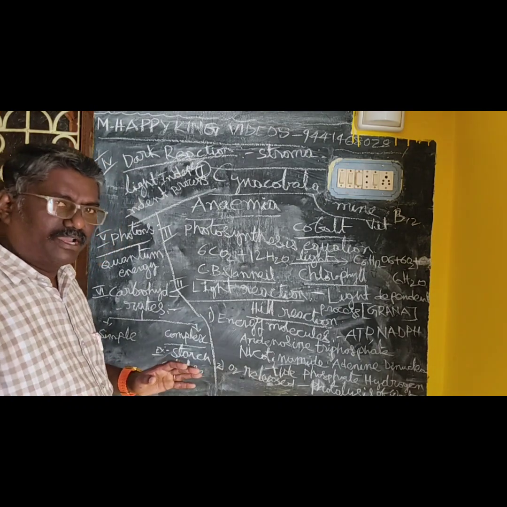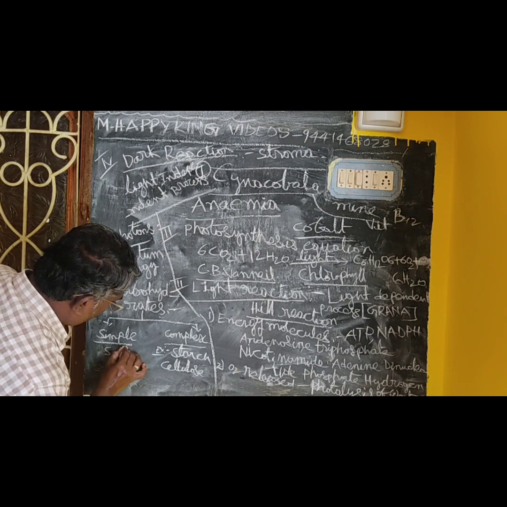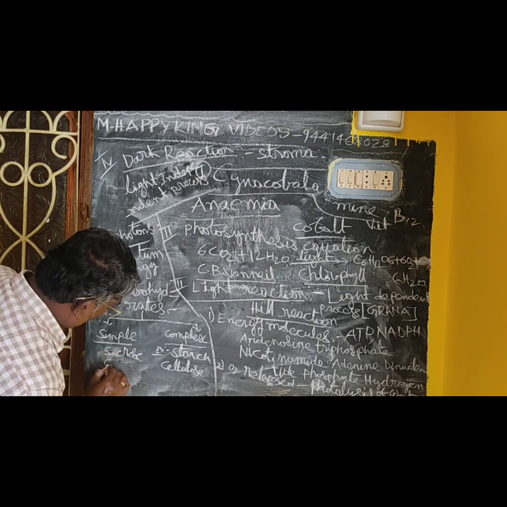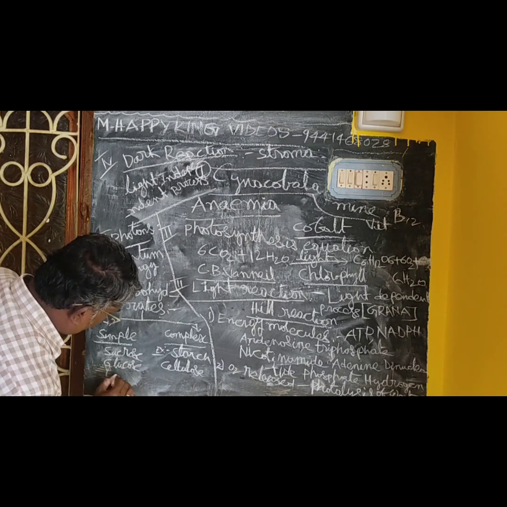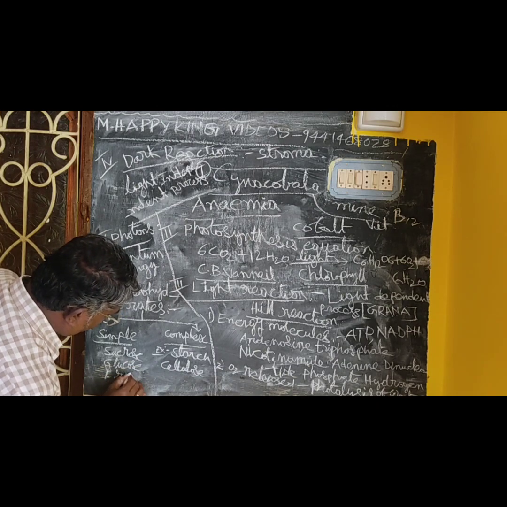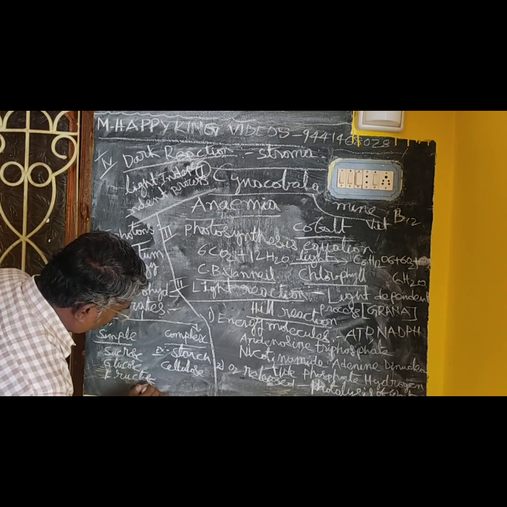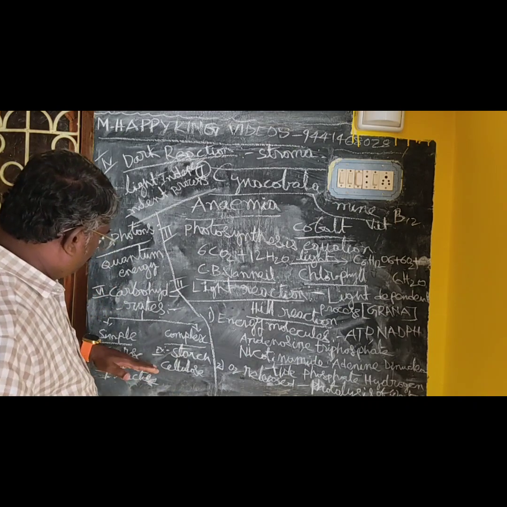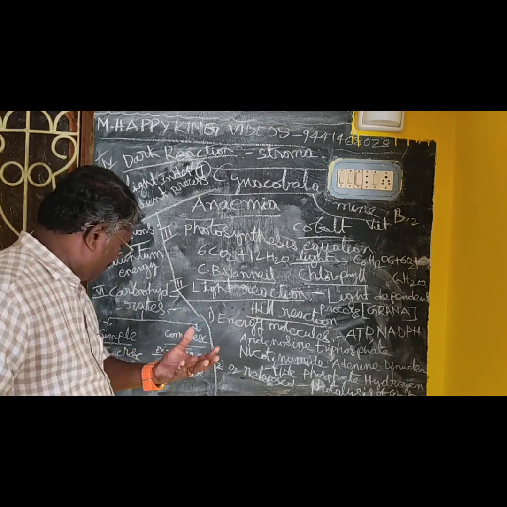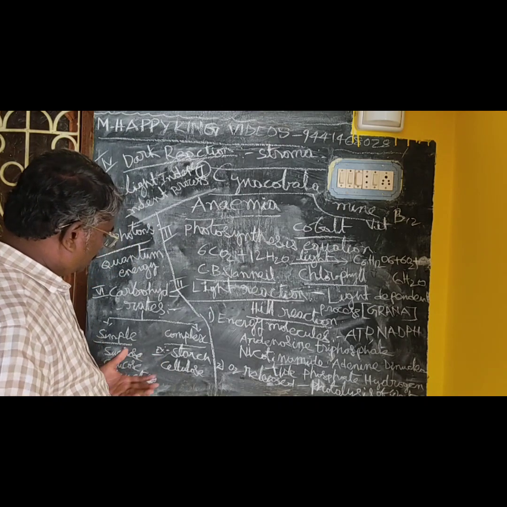For the simple carbohydrates: sucrose, glucose, fructose. Sucrose is found in sugar cane. These are all sugars.